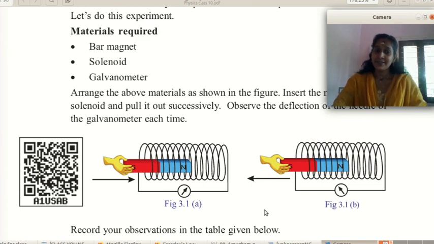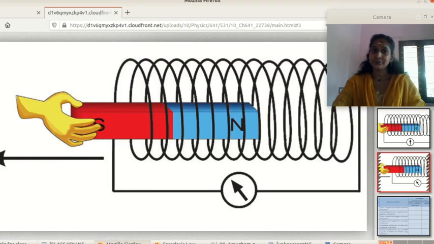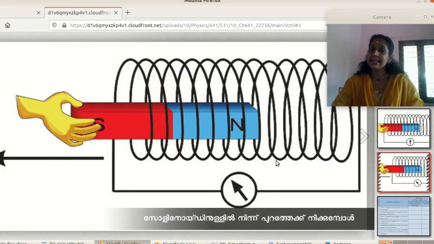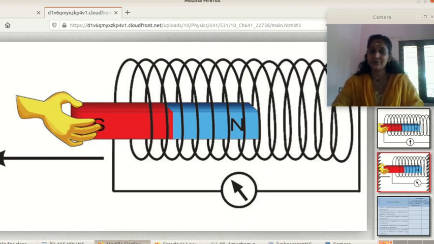We are going to watch another one also. Now the magnet is inside the solenoid. It is taken out. It is pulling out. Then what happened?